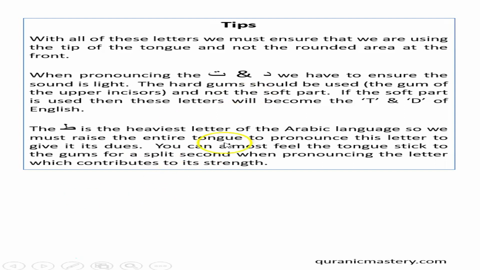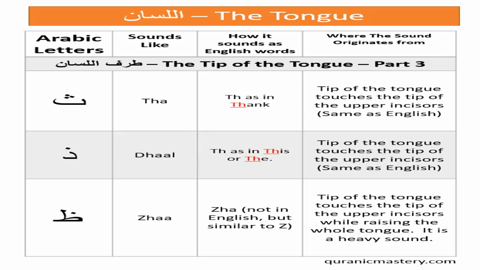You must also feel the tongue stick to the gum for a split second when pronouncing this letter, which contributes to its strength and also to its differentiation between the ta and the dal. So say ta, ta, ta. Again, there's lots of practice which is needed. And we will end this video here before we go on to part 3 of the tip of the tongue.